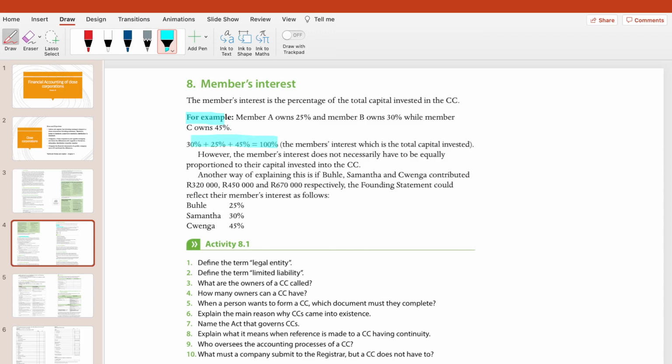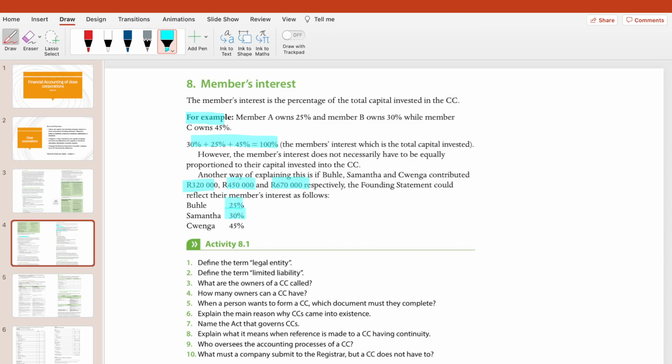Another way that we can explain it is that Bule, Samantha, and Shuwenga contributed 320,000, 450,000, and 670,000. And the founding statement will then reflect their interest, and that would be the 25%, the 30%, and the 45%.